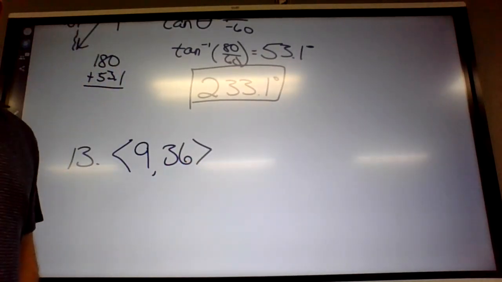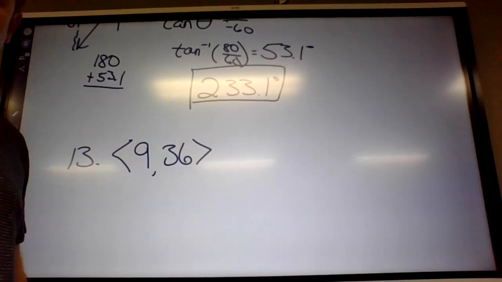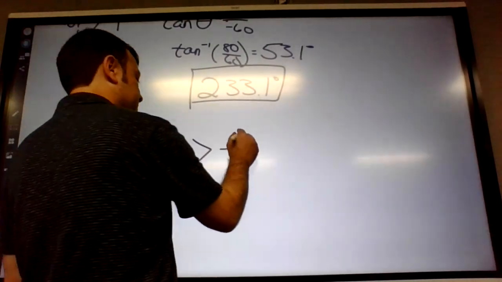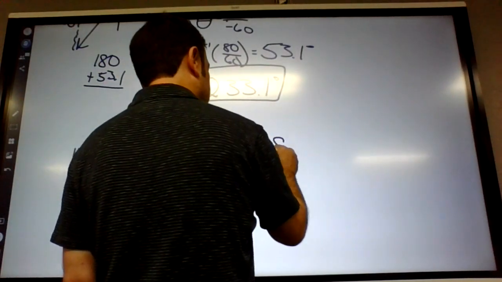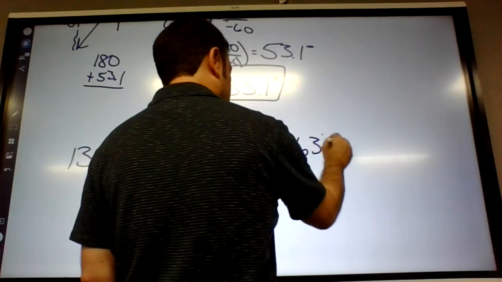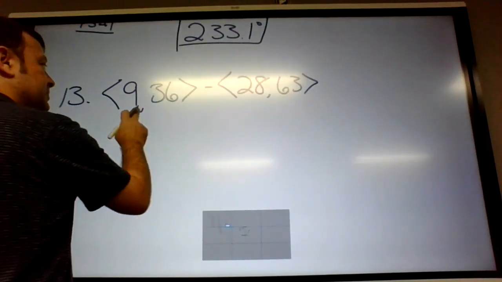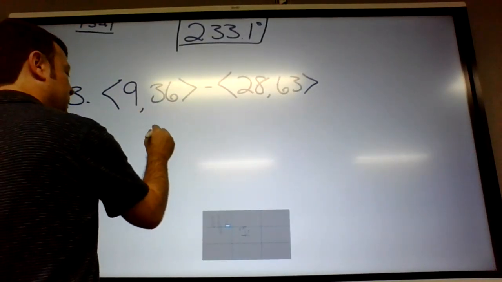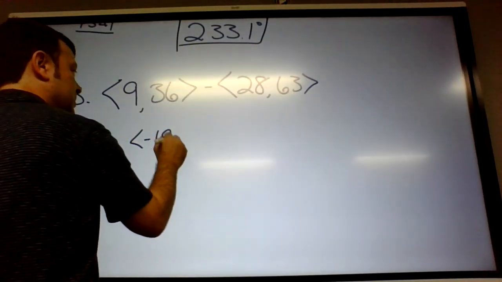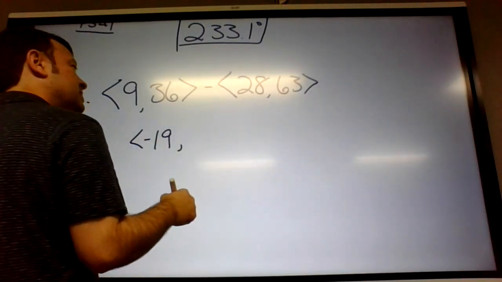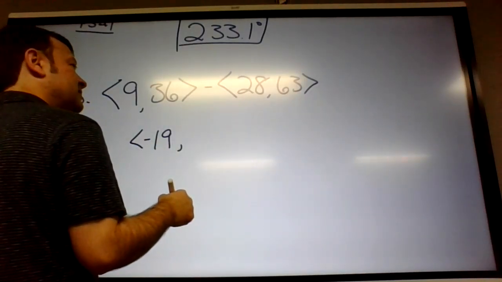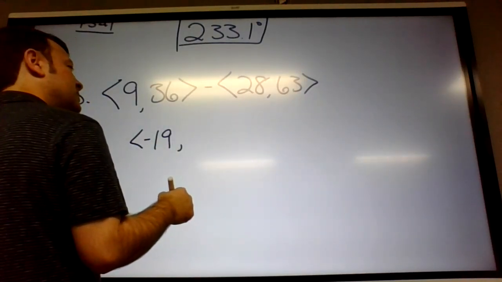And then minus 7 times vector b, so minus 28, 63. And that gives us 9 minus 28, negative 19. 36 minus 63, is that negative 27?